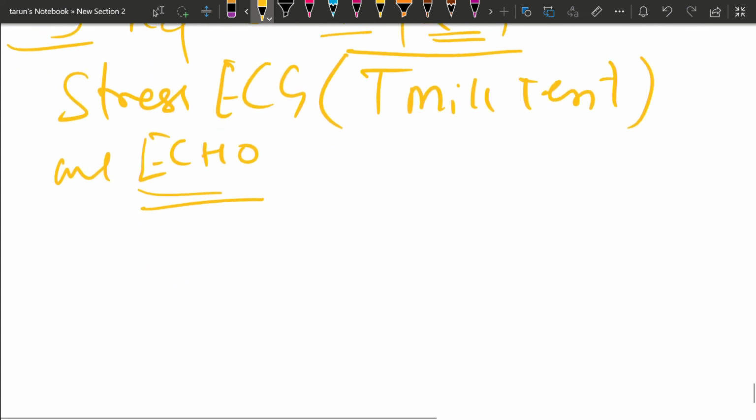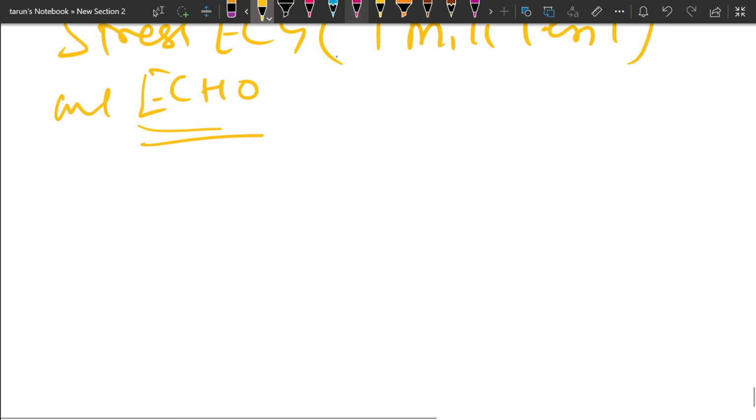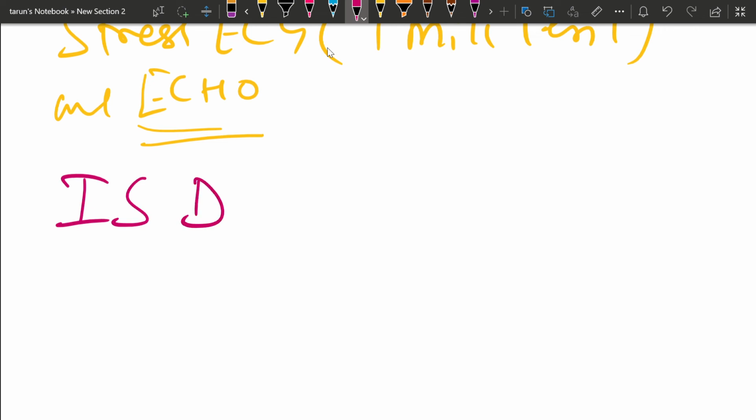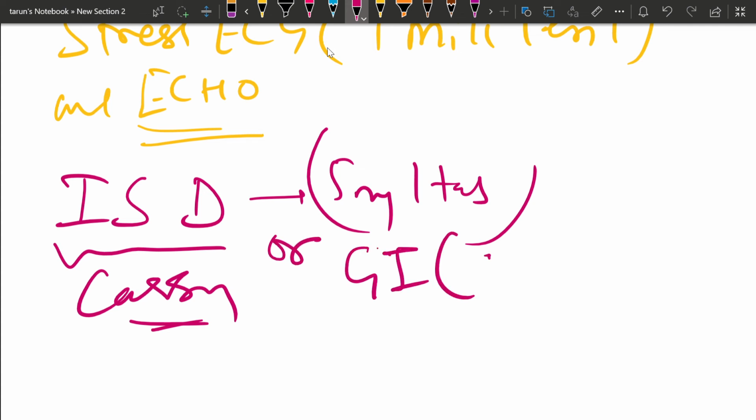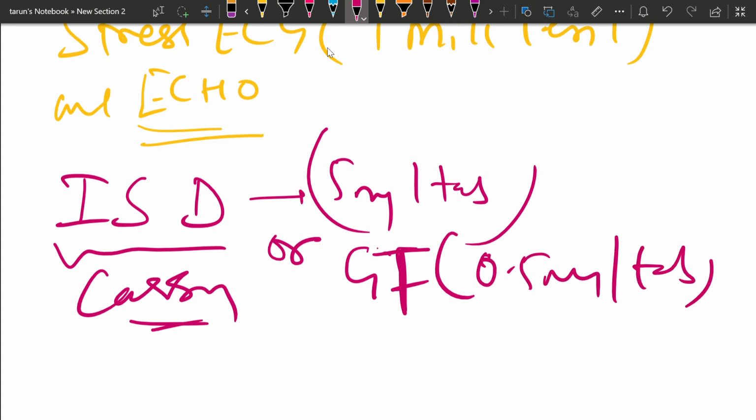The patient is advised to carry, this line is very important, isosorbide dinitrate, that is the 5 mg tablet, or other than isosorbide dinitrate, glyceryl trinitrate 0.5 mg per tablet.